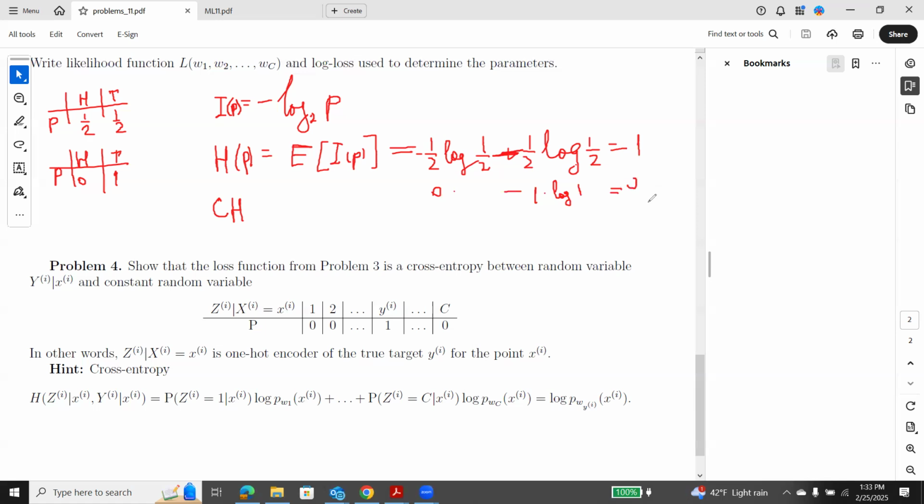Entropy is kind of the measure of uncertainty or chaos. In case of the highest uncertainty, the uniform distribution, the entropy is 1. In case of the lowest uncertainty, in case of certainty, the entropy is 0.